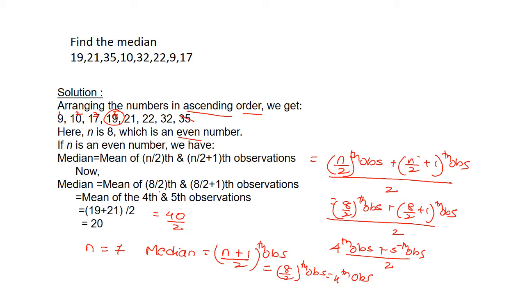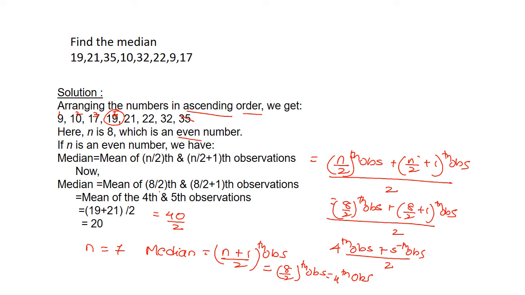Suppose it is odd. For example, if I don't include this 35, then n is 7. If n is odd, the median formula is the (n plus 1) upon 2th observation. Here n, the number of observations, is 7.